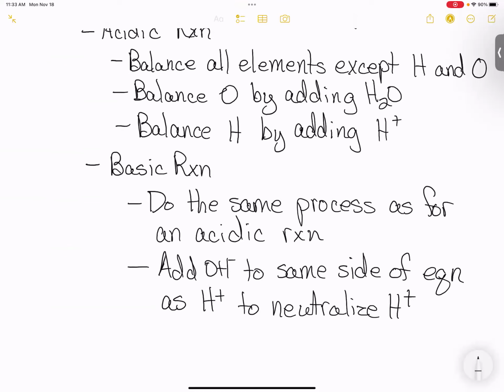I'm mainly giving you the basic reaction in case you encounter it at any time, but I don't expect to give it to you. I expect to focus on the acidic reactions.